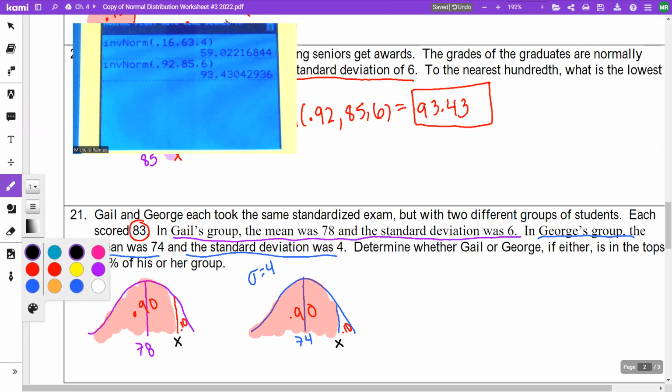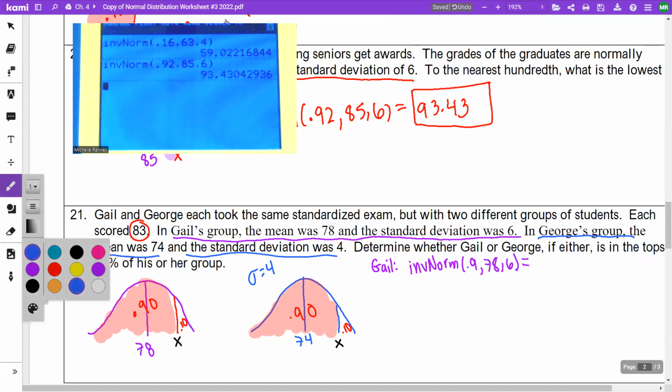So let me do Gail. Inverse norm, 0.9, because I want 90% below. Mean is 78 and the standard deviation was 6.